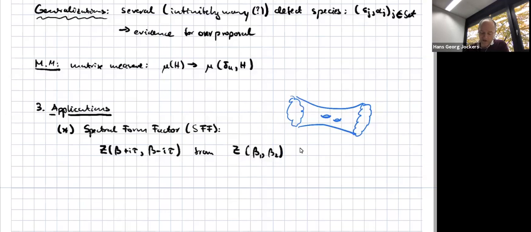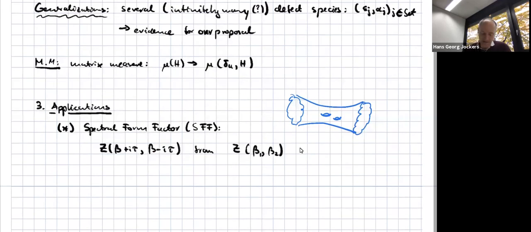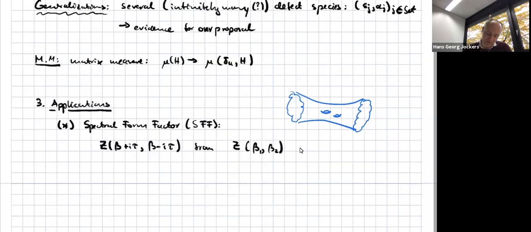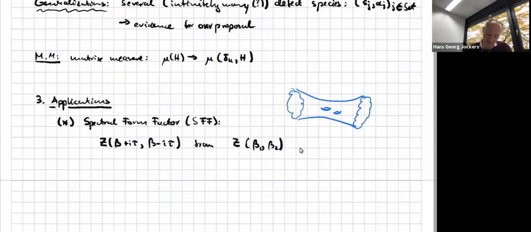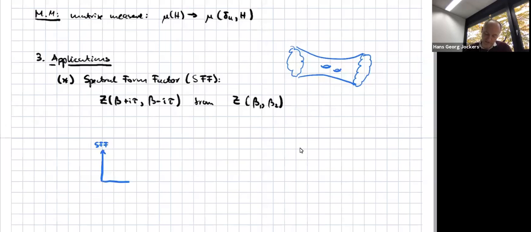By the same techniques, you can also compute these quantities. And if you analytically continue by introducing such a tau here, which is interpreted as time, you get the spectral form factor. In this context, the spectral form factor has characteristic features where we could say a lot of things. When you look at the spectral form factor as a function of time, the characteristic feature is of the following sort.